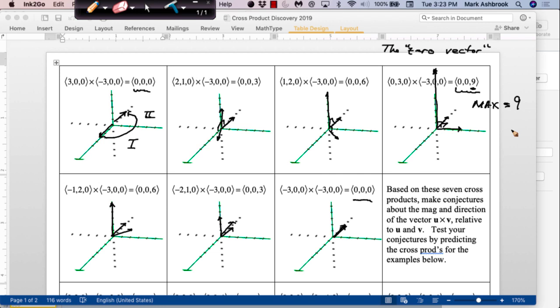But the question is which way, because there's actually two directions that are orthogonal to the xy plane. What's the other direction? Down, right? So the direction of the cross product is orthogonal to both of the two vectors that you started with. And the way you know which way that is, because there's two choices, is again by the right-hand rule.